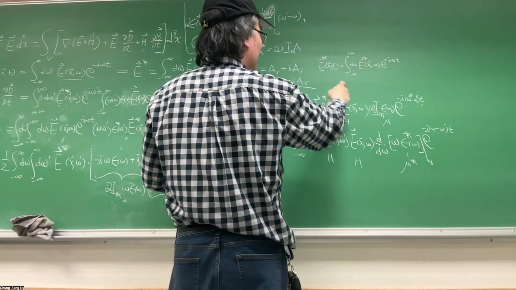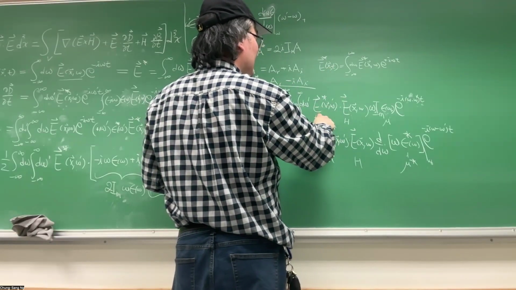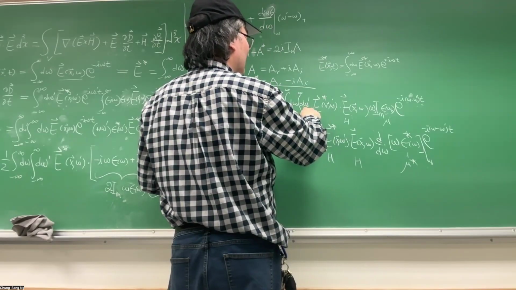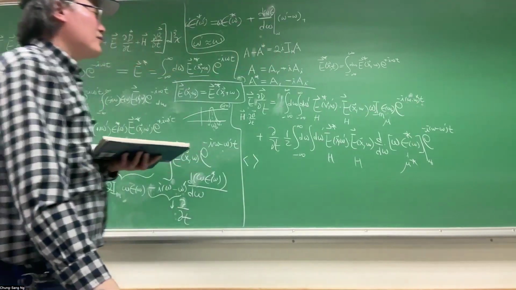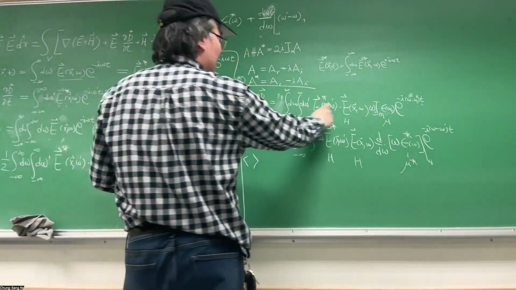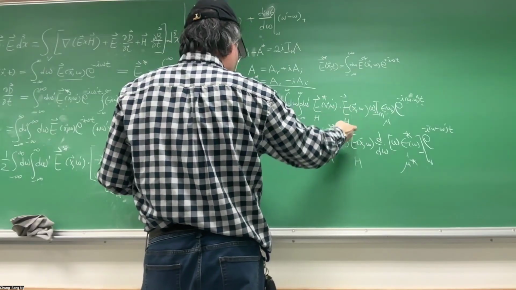But E actually is real, so it doesn't matter. So it will be just this one integrated over omega prime and this second exponential factor. So this will be just E dot E. So this is just E dot E.